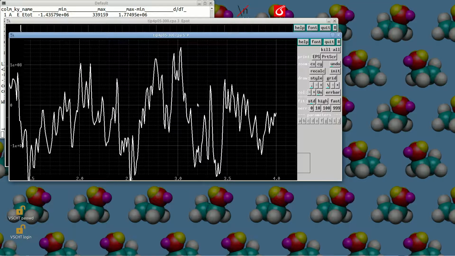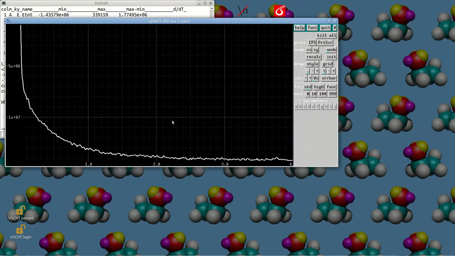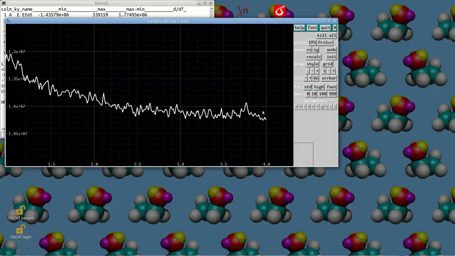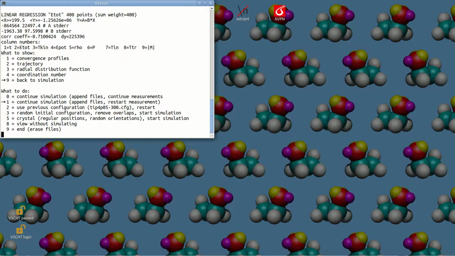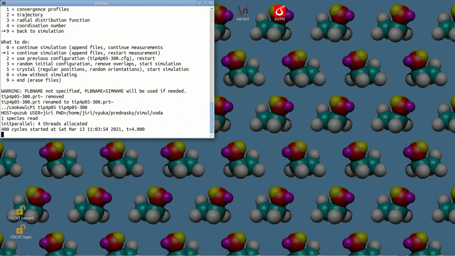It is normal for small samples, but it is already equilibrated. And this is the potential energy. Essentially, a bit of a trend is still seen. So it would be better to equilibrate some more, but it's almost done. So let's go back to the simulation and continue the simulation.